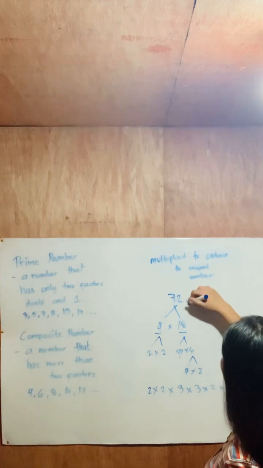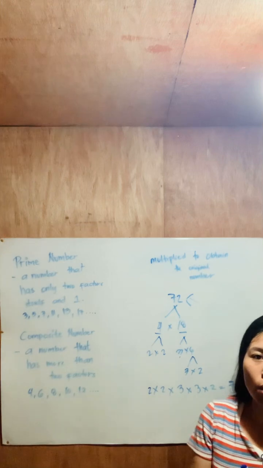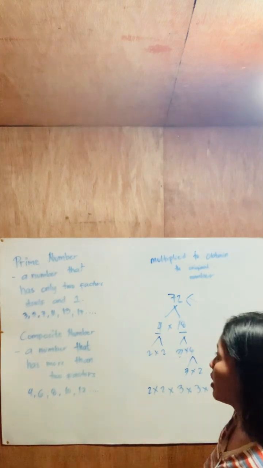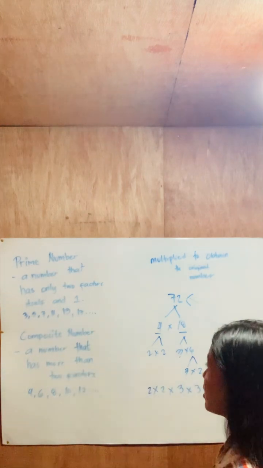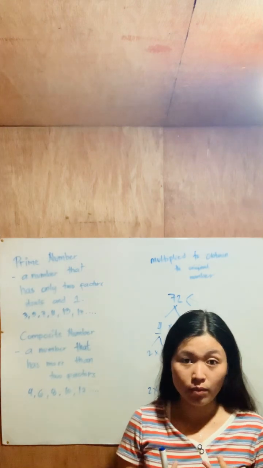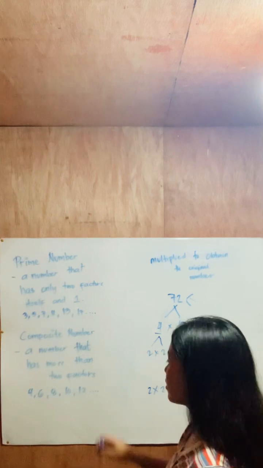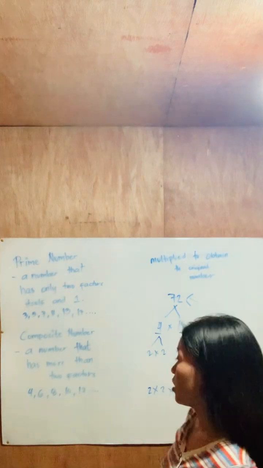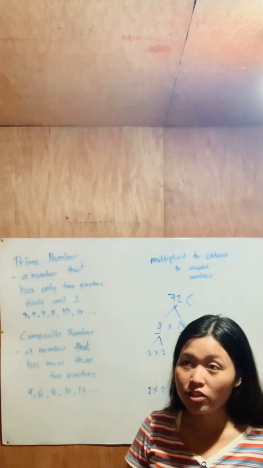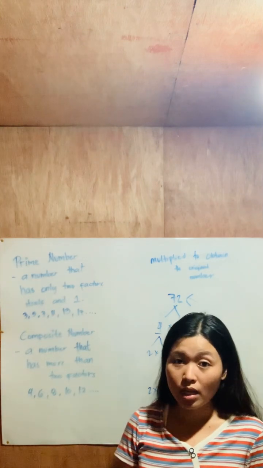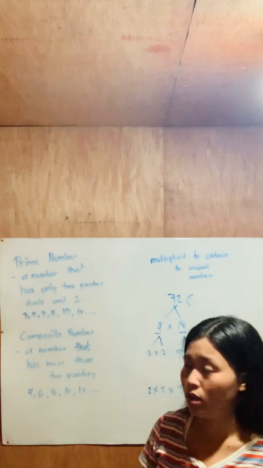So this is correct. Always remember that a prime has only 2 factors, which are itself and 1, while composite numbers have more than 2 factors, like 3, 4, and so on.